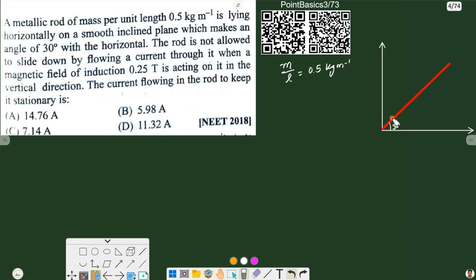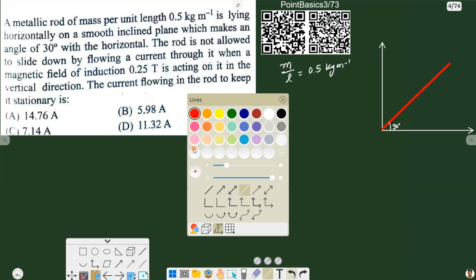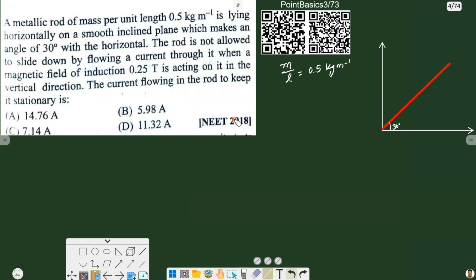It is on a smooth plane, so there is a plane also. Suppose this is our plane on which the rod is placed. Here the yellow line represents our plane and there is a rod on top of it. Nothing is given regarding friction, so we assume that there is no friction acting on the rod.